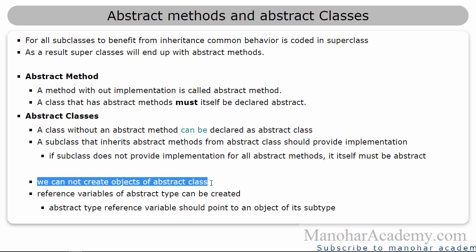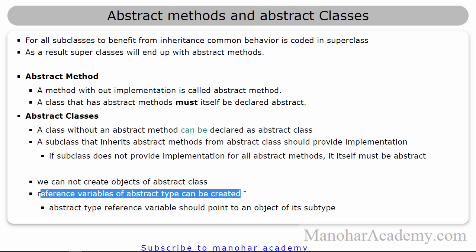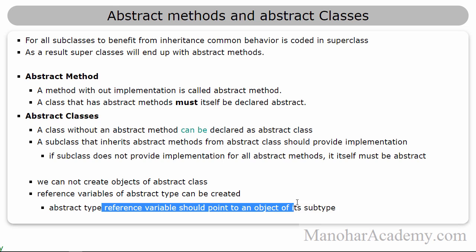In this case person, we cannot create objects of type person. And reference variables of abstract type can be created. So we have created an abstract type reference variable, that is person, and that reference variable should point to an object of its subtype, that is student and employee. Okay, that is all in this slide, and there is nothing more to learn about abstract methods and abstract classes.